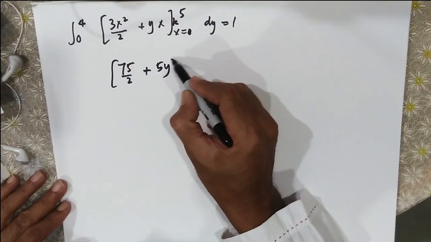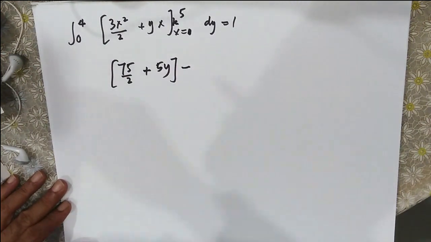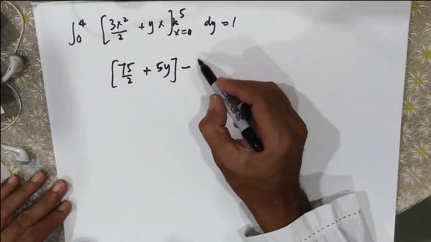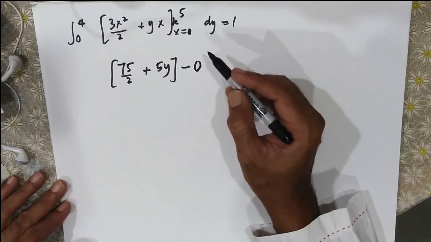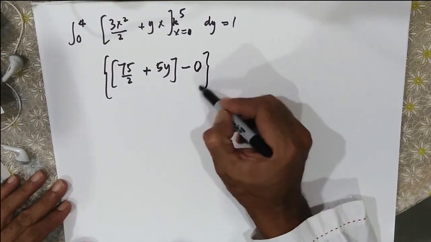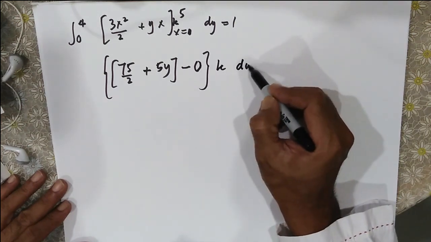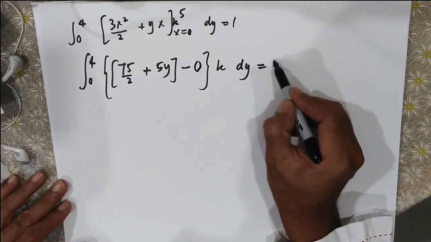Then don't forget to multiply by k there. Minus 0, then multiplied by k. So I have dy here, and here 0 to 4, and this is equal to 1.